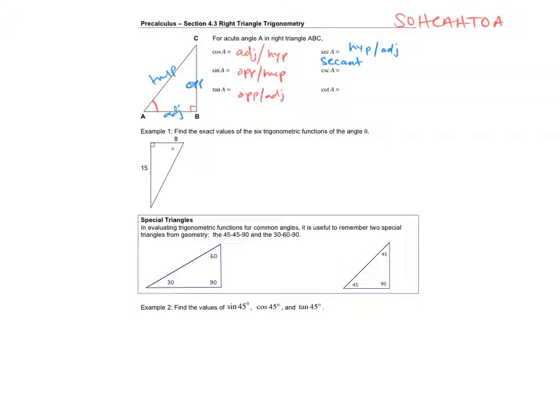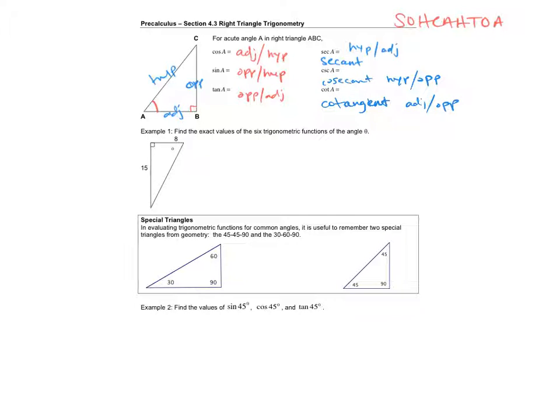The cosecant of A is 1 over the sine of A, so that is the hypotenuse over the opposite side. And the cotangent is 1 over tangent, so that equals the adjacent side over the opposite side.